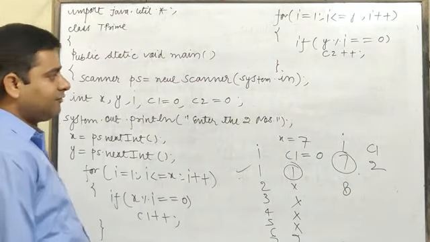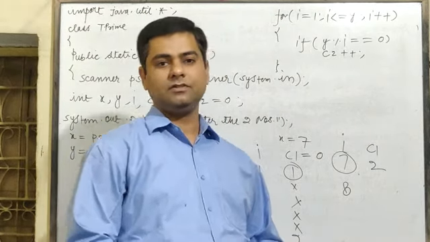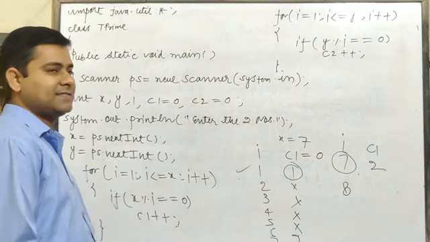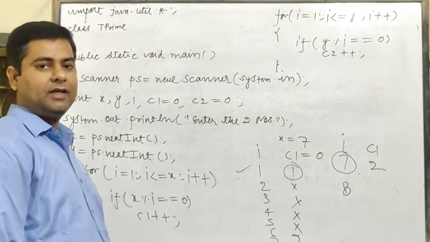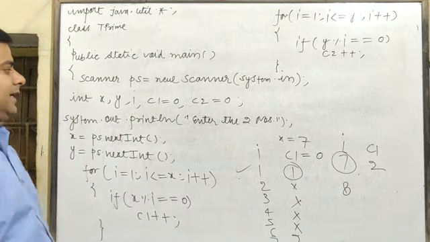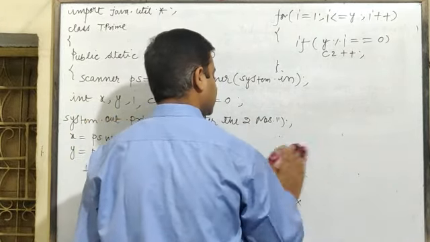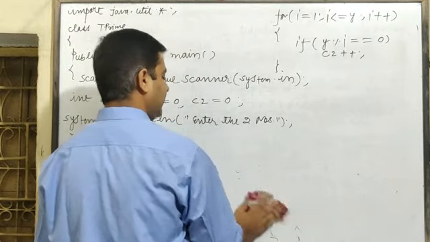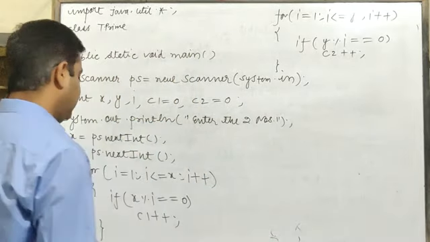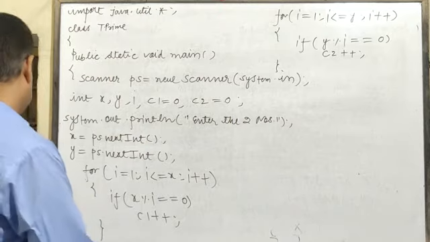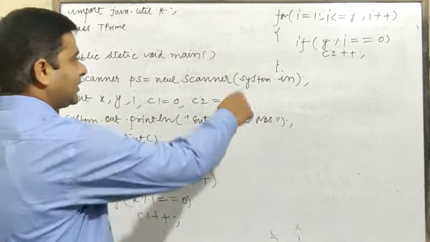Okay. After this, we will write down the condition to check x and y to be twin prime numbers or not. So how shall we write this? First of all, we will count the factors of x, then we will count the factors of y.